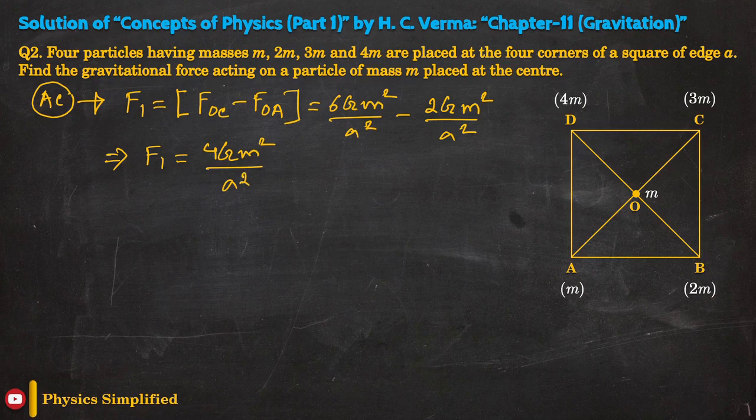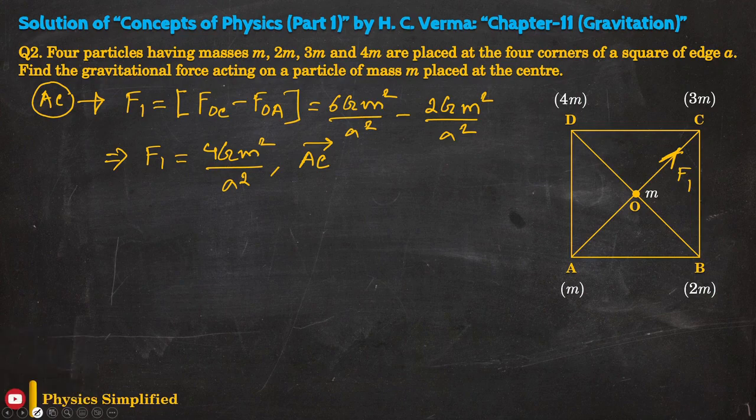Now since FOC is greater than FOA, the direction of F1 will be along the direction of FOC. So F1 will be directed from A to C. So this is the direction of the force F1 along the diagonal AC.